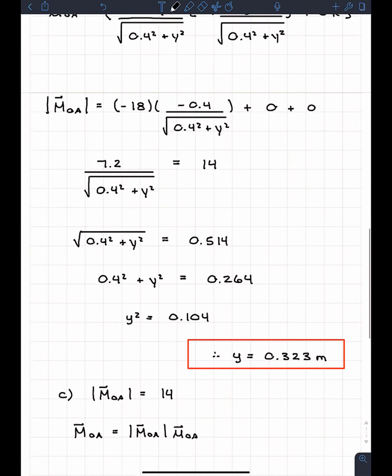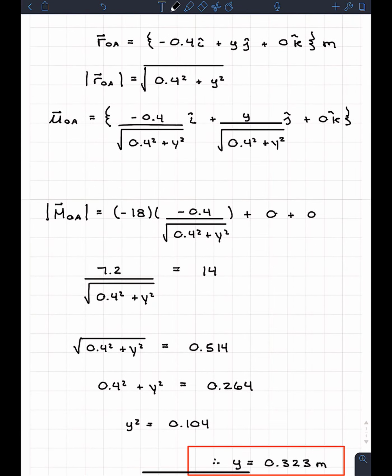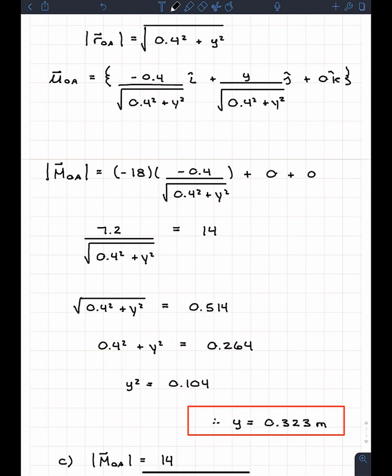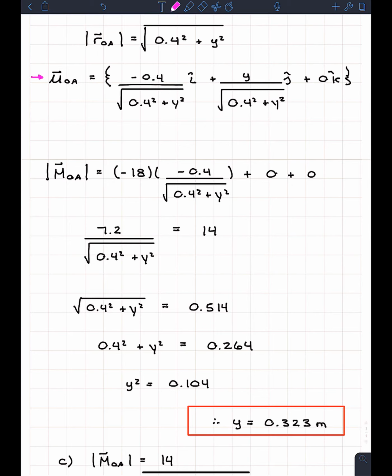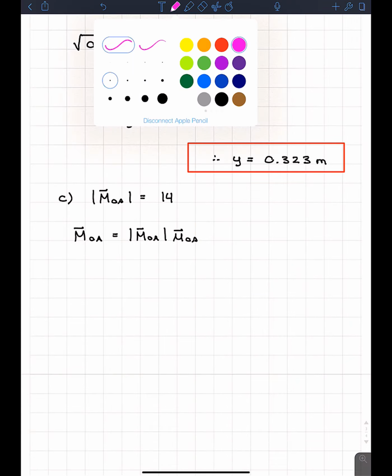However, if we look up at the unit vector, we actually have it already solved. The only problem is we got to substitute the value of y that we found, so the 0.323, up into this equation. So I'm going to highlight this equation with a little pink arrow. So we're going to substitute y into there to get our complete unit vector that doesn't have a parameter in it. So what's going to happen is this.